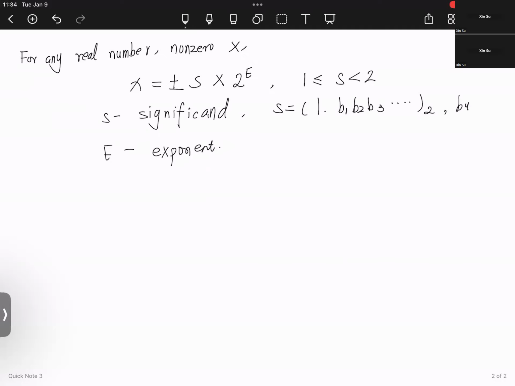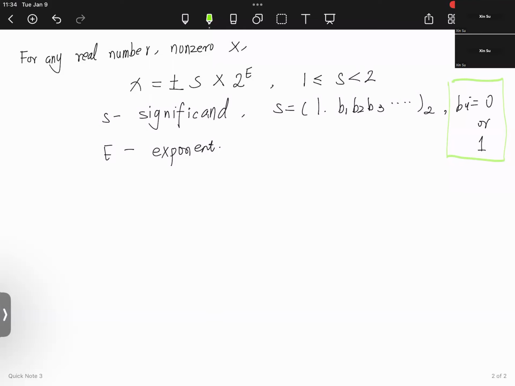Because it's binary representation, the bi, the digits here, b1, b2, b3, can only be 2 options, 0 or 1. And this is the scientific way to represent a binary number. The significand has almost all the important information, and we also need the exponent as well.